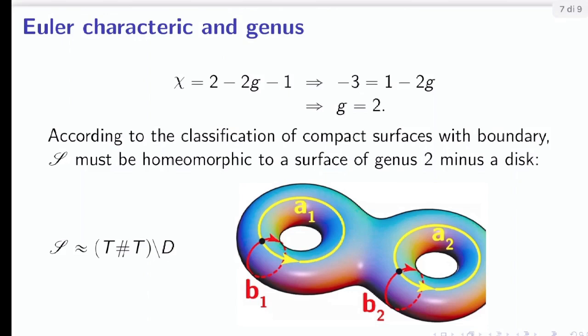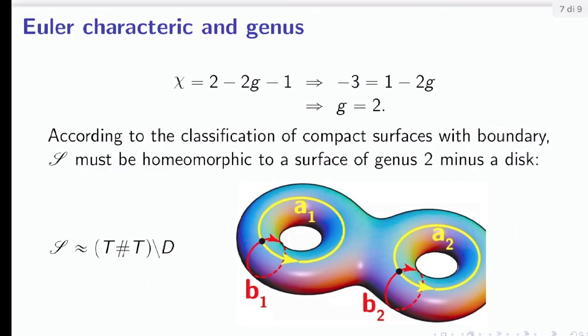There's this formula that says that for a surface with boundary, the Euler characteristic is 2 minus twice the genus minus the number of boundary components. Here there's one boundary component, and that will tell you that the genus is 2.